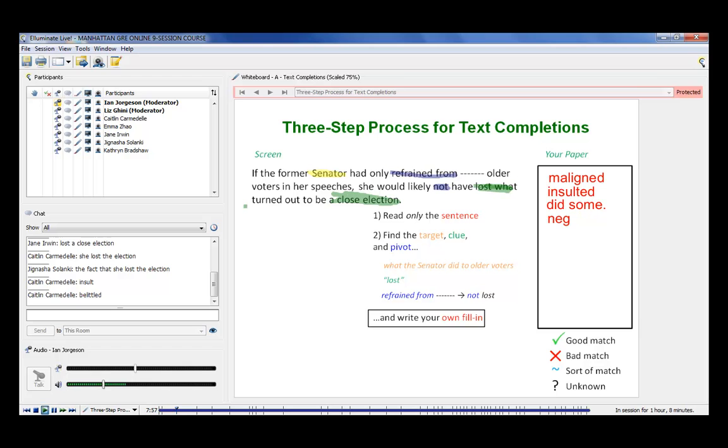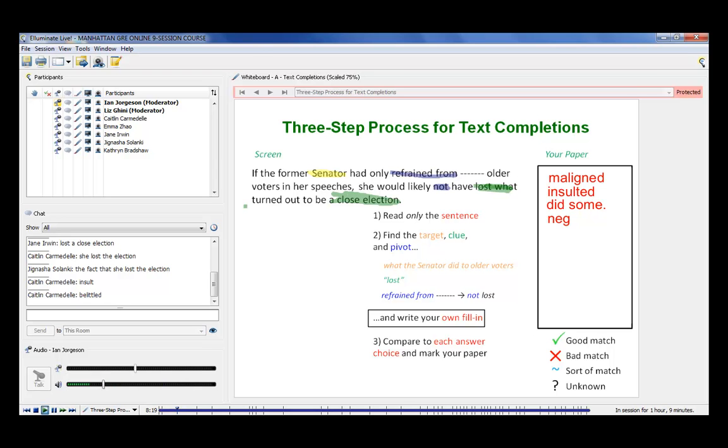So the point here is that we want to write our own fill-in because we are not going to plug the answers into the blanks. We're going to compare each of our answer choices back to the words that we came up with. And the reason why we're doing this is this prevents us from getting caught in a number of different traps.